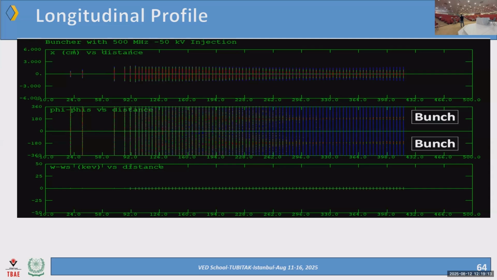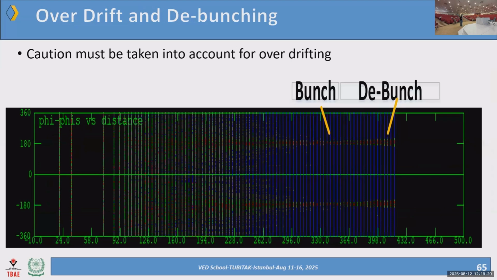So the simulation tells us for a certain energy, for a certain physical dimension, there is a limit where you can have a maximum bunch. So you put your next cavity or whatever you want at that point, not beyond that point. I magnified this thing. This is the maximum bunching point, and then the bunching starts decaying again.